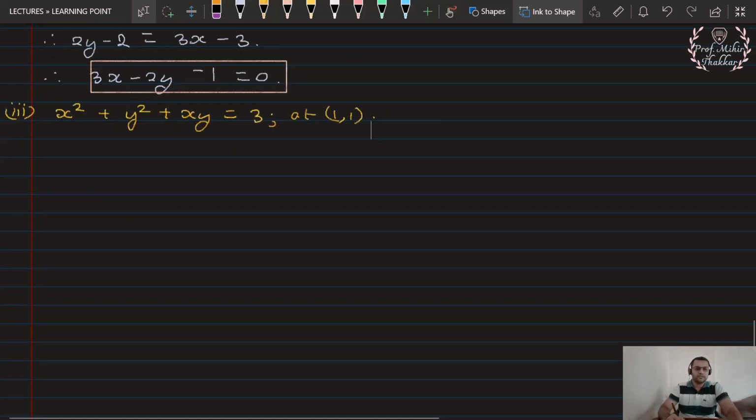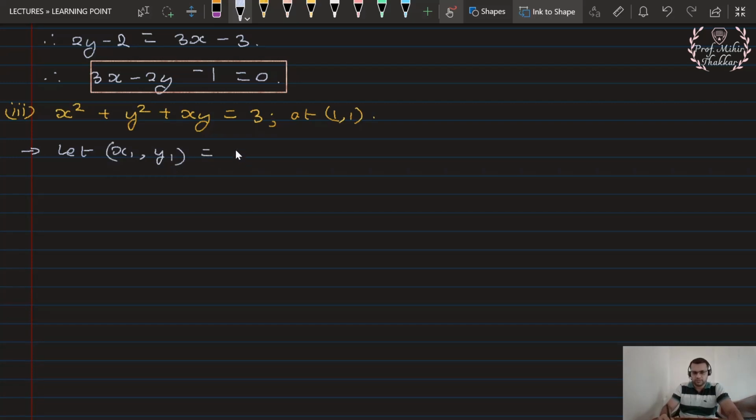For sum number 3, the equation of the curve is given to be x square plus y square plus xy is equal to 3 at x1 comma y1. So as usual, we will first say over here that let x1 y1 is equal to 1 comma 1.